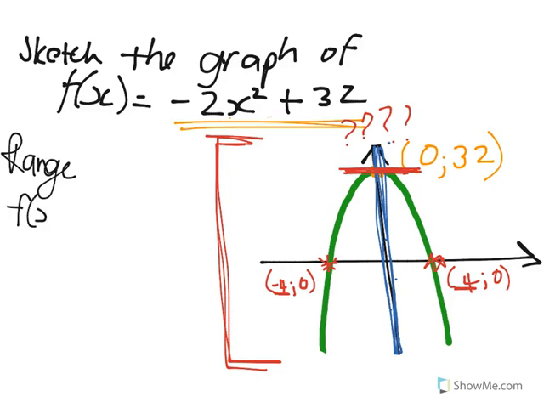You can use f of x because f of x represents output, or you could use y. It doesn't go beyond 32. So 32 is the maximum output of this function, no more. Or likewise, y is less than or equal to 32.